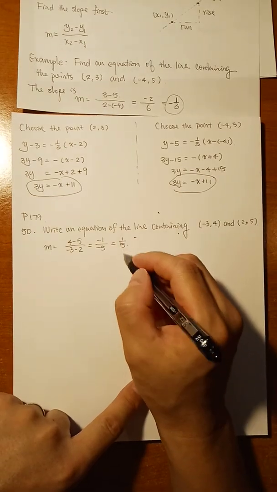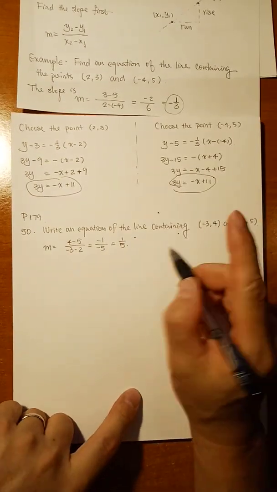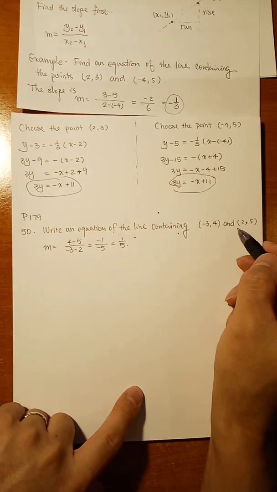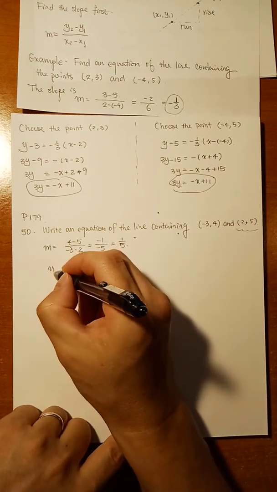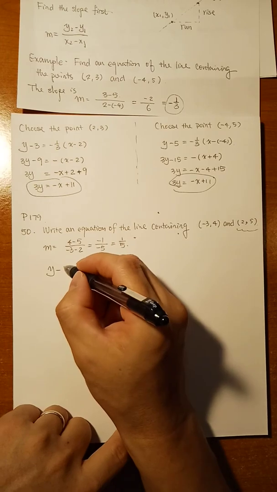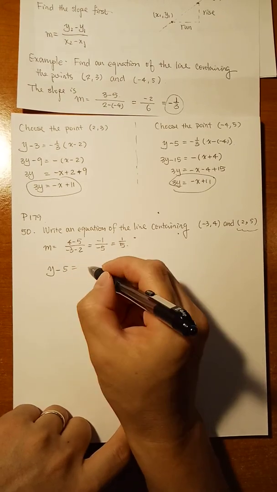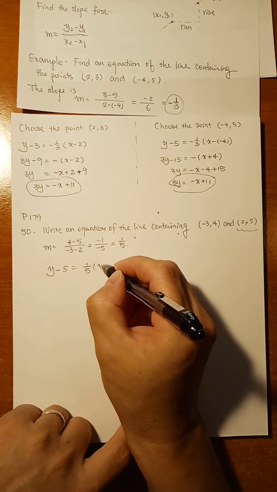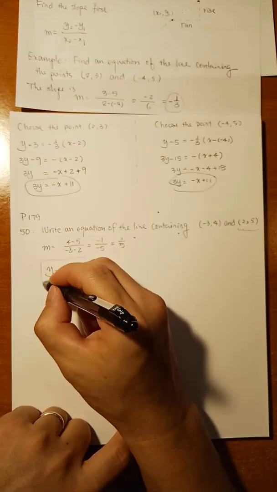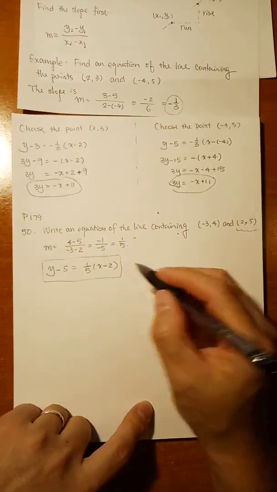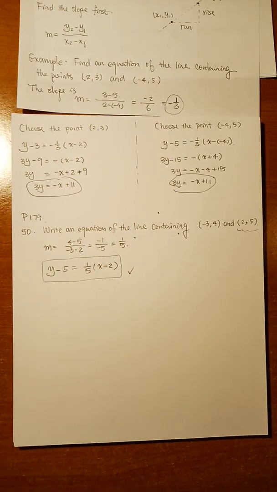Then you pick one of those 2 points. I prefer to choose the positive numbers. So the equation becomes y minus the y coordinate is equal to 1/5 times x minus the x coordinate. This is the final answer. Don't simplify it.